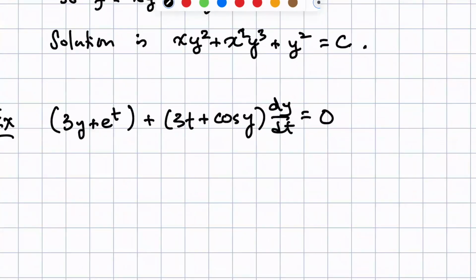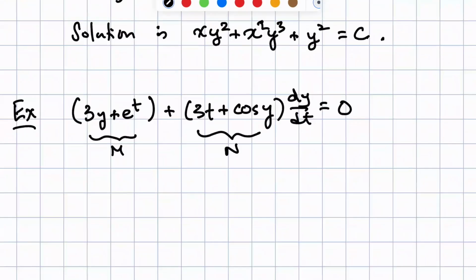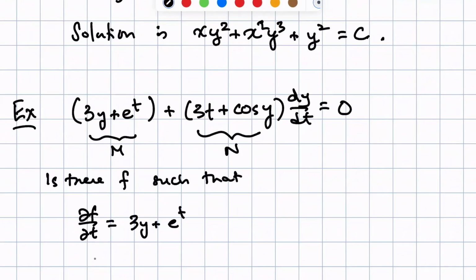Let this one be M, and this one be N. So we're asking, is there an f such that df/dt is 3y plus e to the t, and df/dy is equal to 3t plus cosine of y.